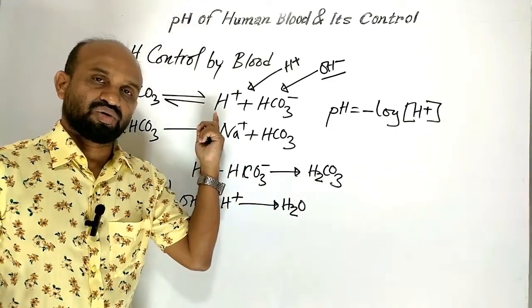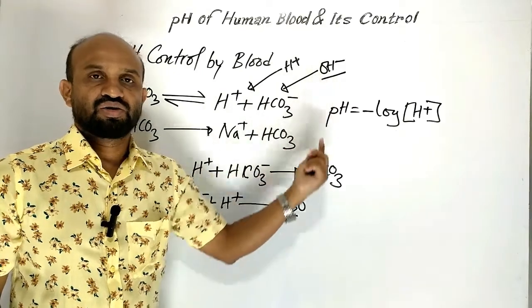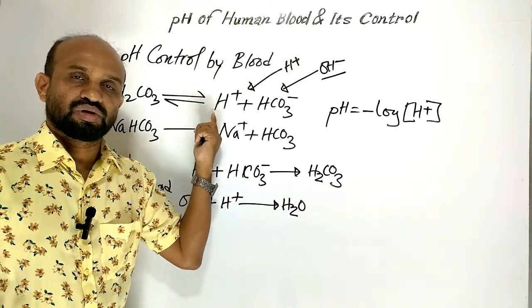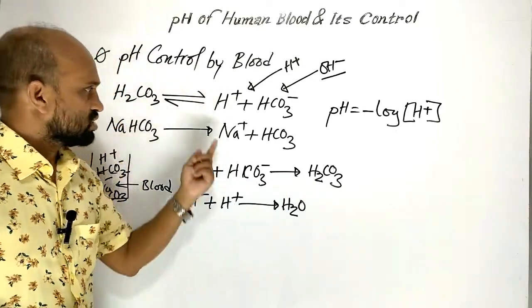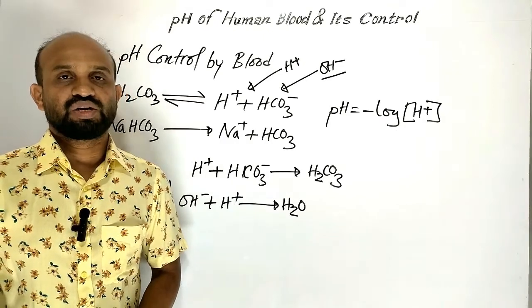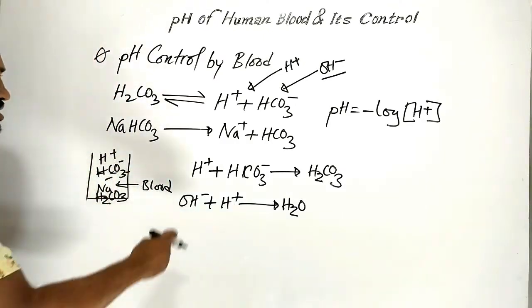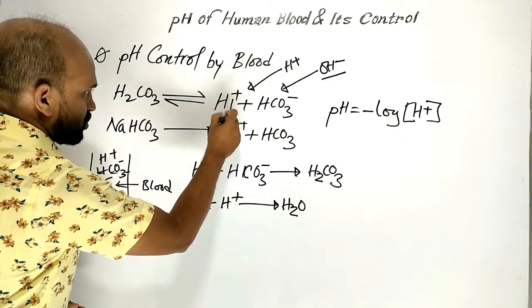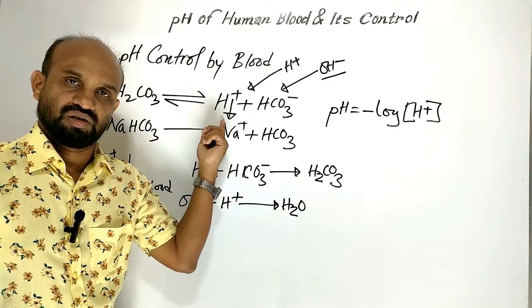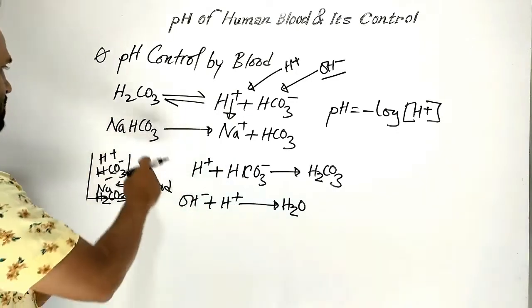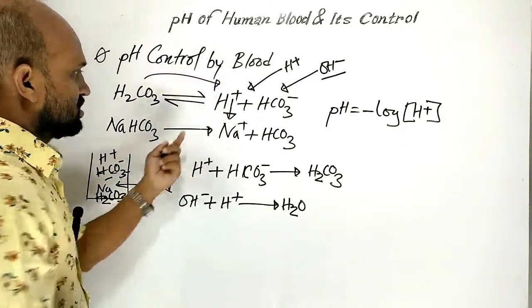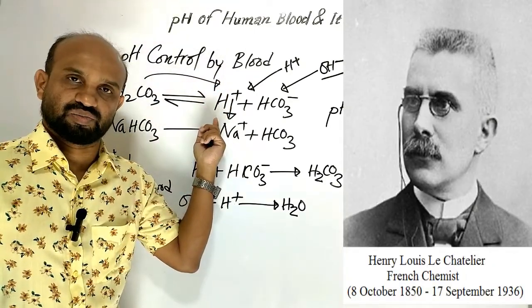So this proton combines with hydroxide ion to form water, and for this reason concentration of proton is supposed to decrease, because proton is combining with hydroxide ion, but concentration of proton remains unchanged, because when here concentration of proton decreases, a gap is created here, and in that case undissociated carbonic acid dissociates again according to Le Chatelier's principle.